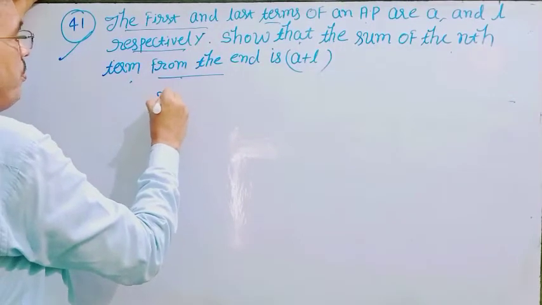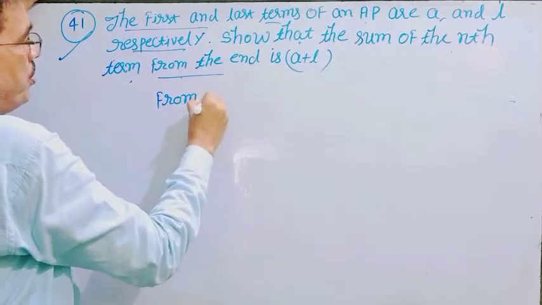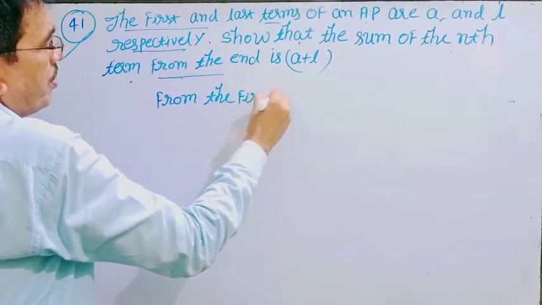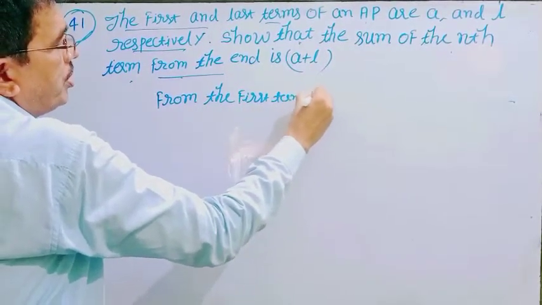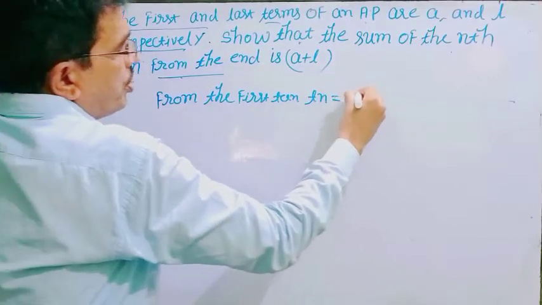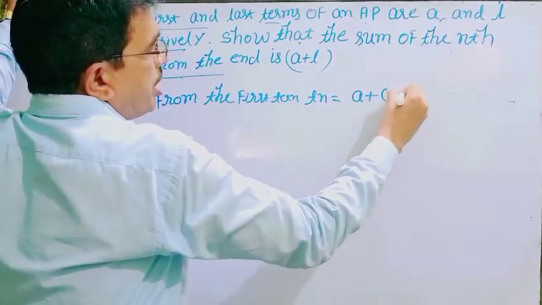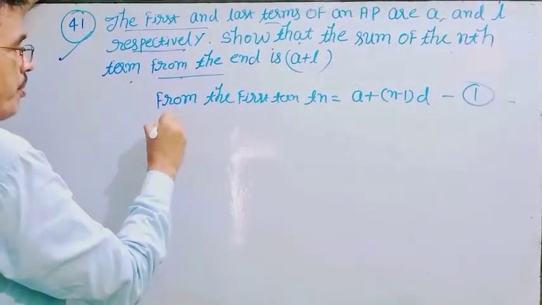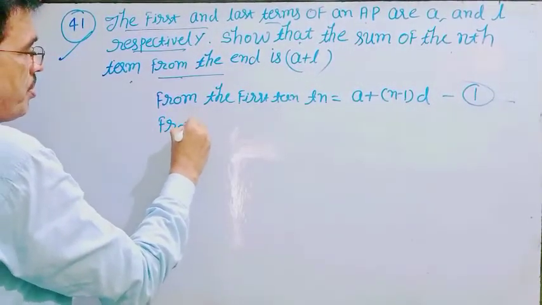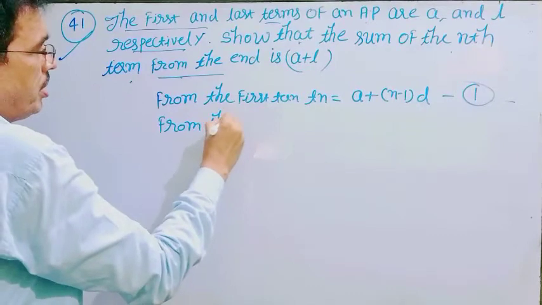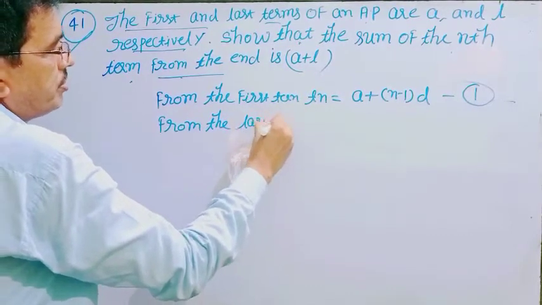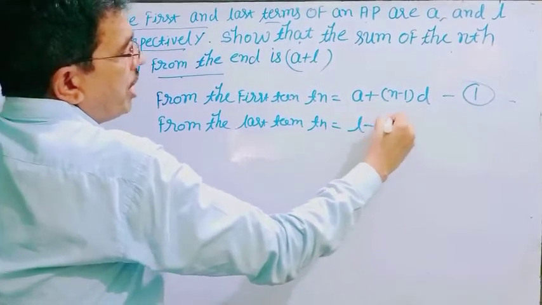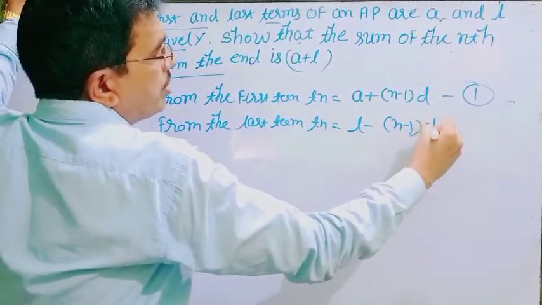First, from the first term, Tn is equal to A plus (n minus 1) into D, first equation. And from the last term, Tn is equal to L minus (n minus 1) into D.